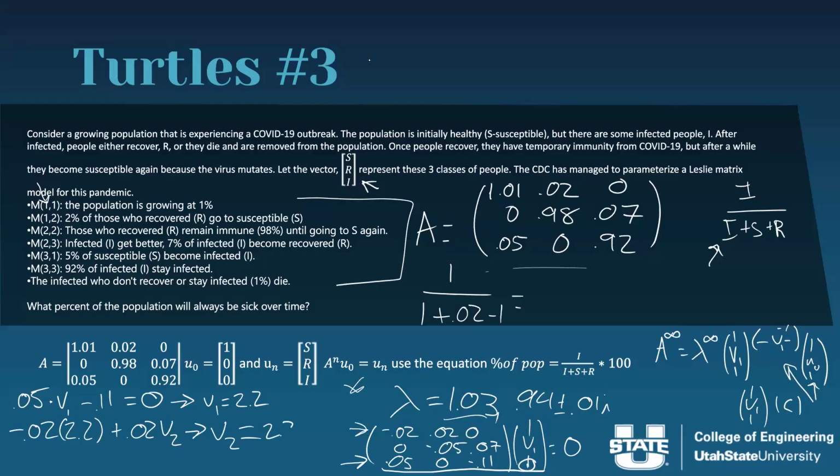And V3 is equal to 1. That seems a lot more likely. That makes more sense.